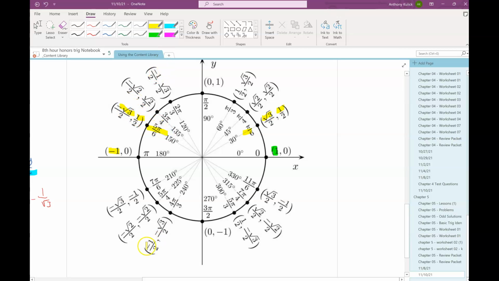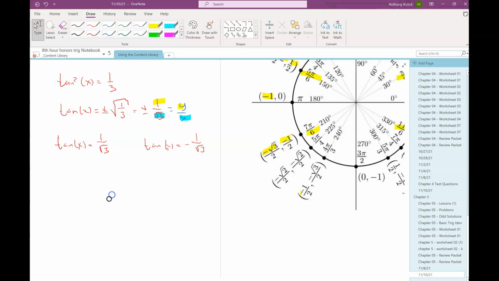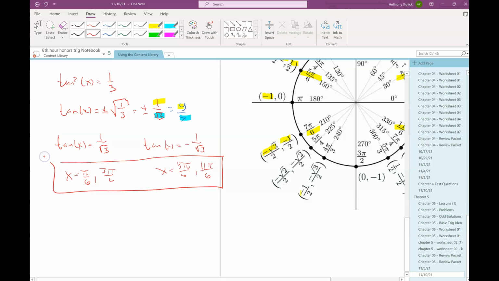There's 2 spots. Oops. There's 3 spots. And there's 4 spots. Is that cool with you guys?